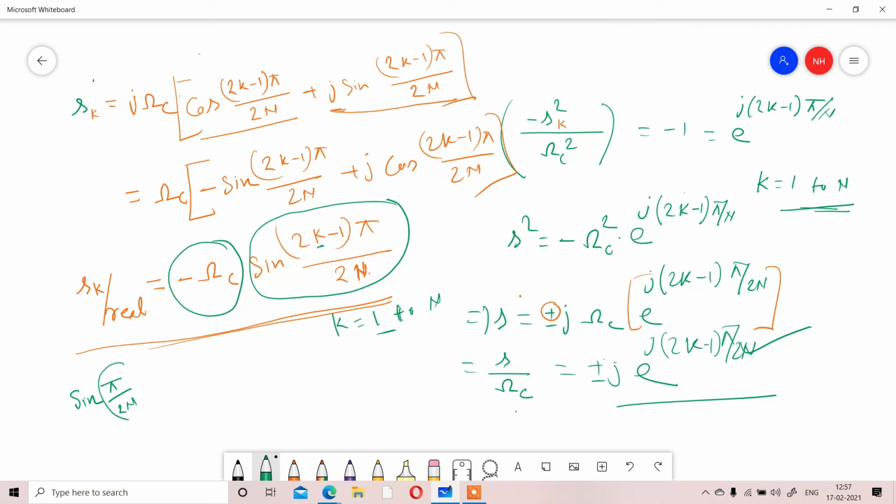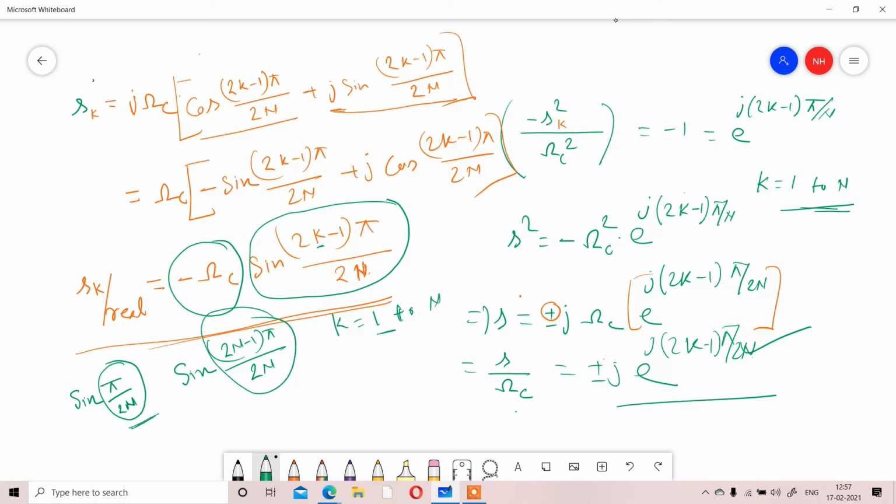That is the minimum angle you are getting, pi by 2n. Similarly, the maximum angle when k equal to n will be sine of (2n minus 1) pi by 2n. So that will be your maximum angle.